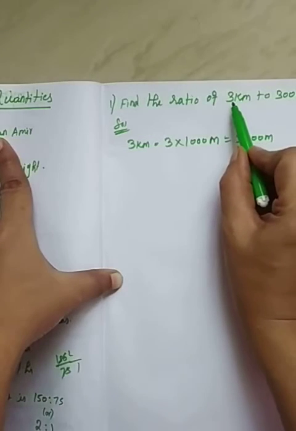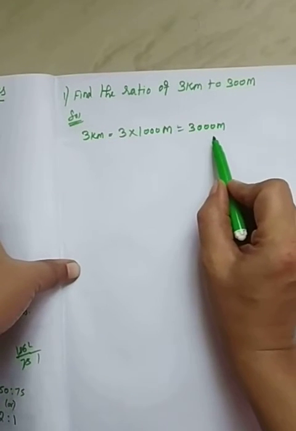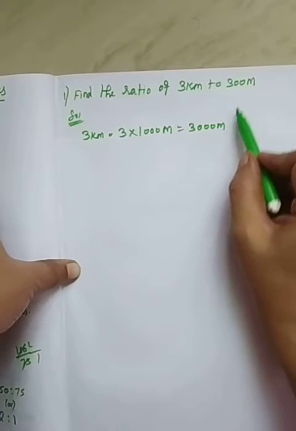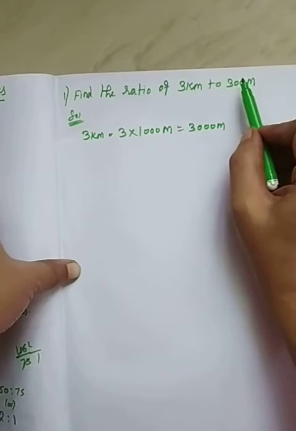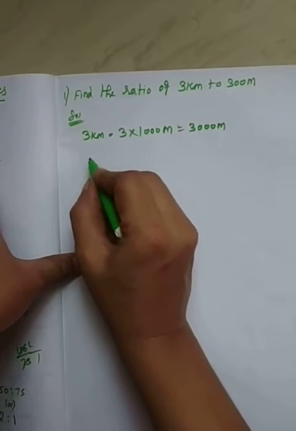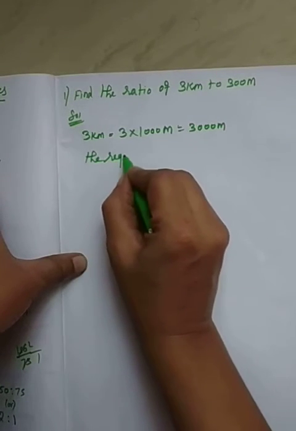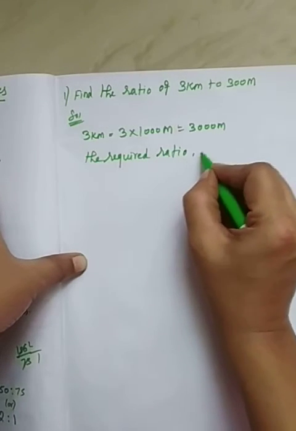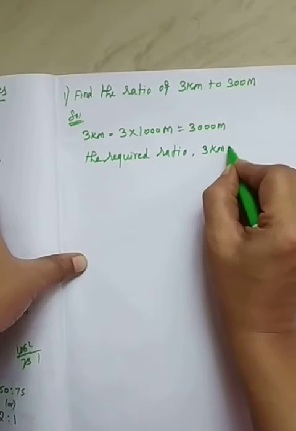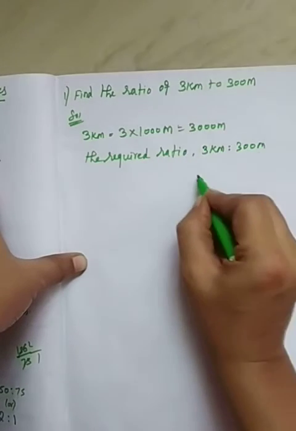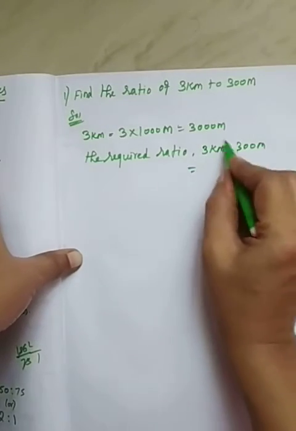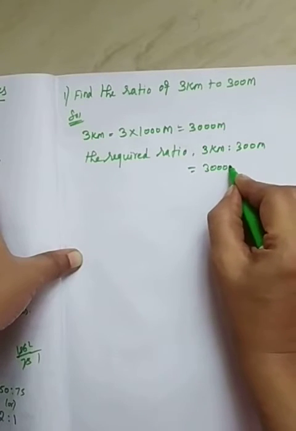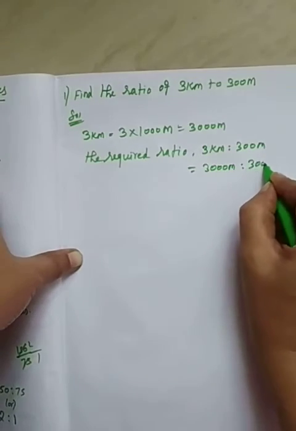Now kilometer has changed to meter, and the other is already meter. So now you have to find the ratio for these two. The required ratio is 3 kilometer is to 300 meter. The 3 kilometer changes to meter, so you put 3000 meter is to 300 meter.